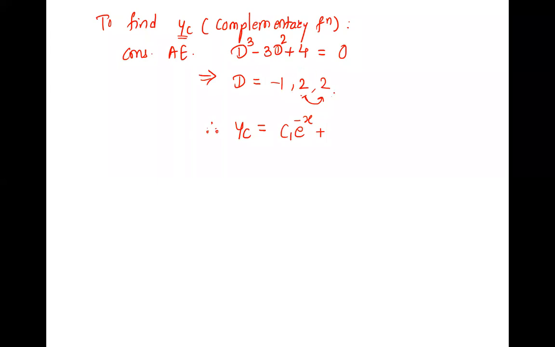Plus, for these two roots, how is the nature of these two? Real and repeated. So twice means two constants should get collected. C1 is used. So what is here? C2 plus C3x, into e raised to 2x. Yes. This is your yc.